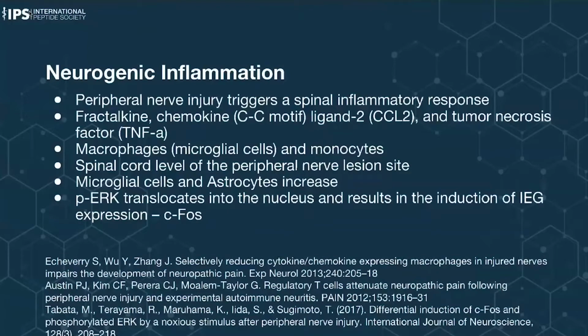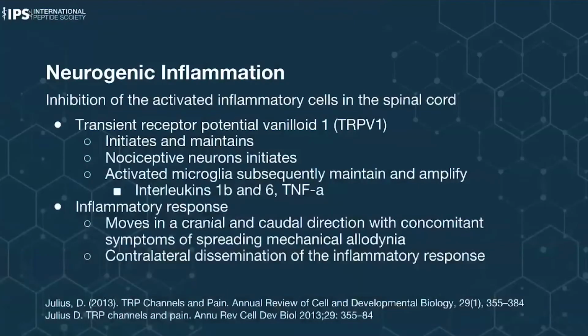And this is just talking about how you can follow CFOS, a protein made by the immediate early gene expression, which is something that's followed in pain, and that's made by the astrocyte. So, neurogenic inflammation.